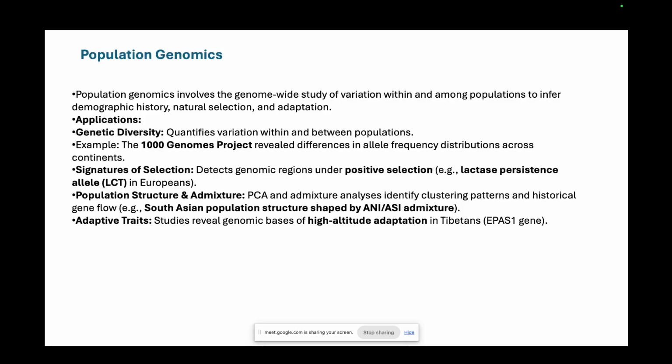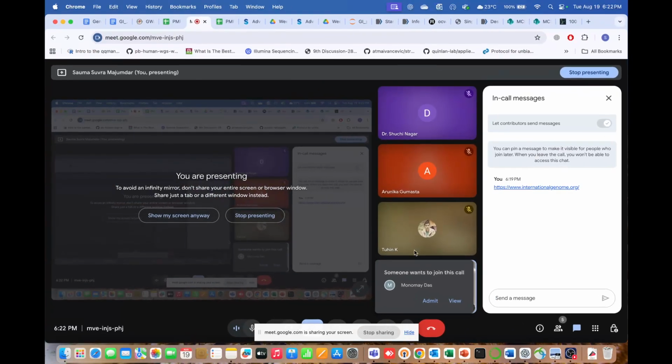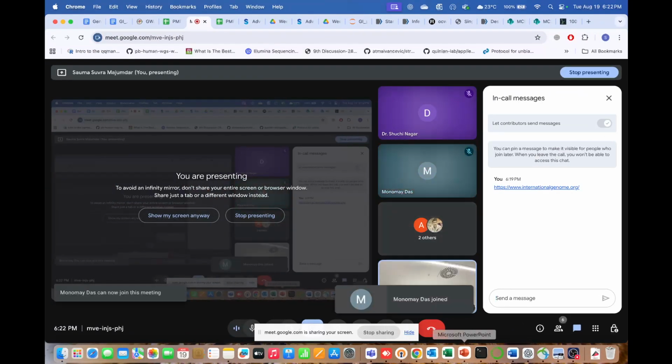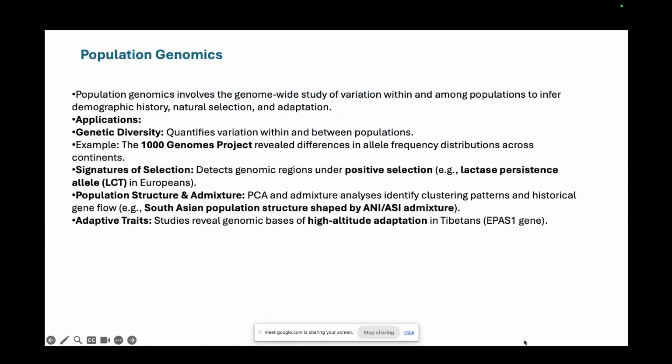Similarly, a population staying in Antarctica would have positive selection of certain genes or variants that can help them keep out the cold, right? Those kinds of adaptations we can study from this population level data.